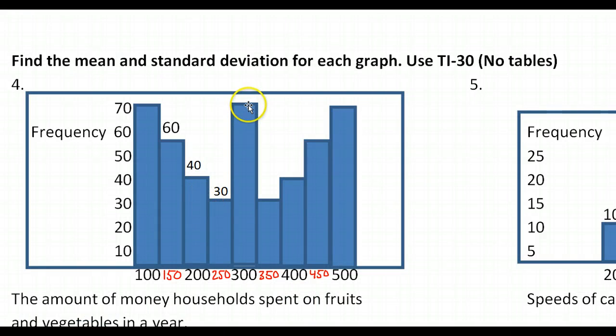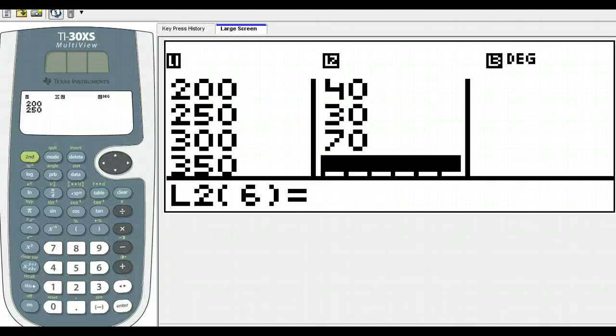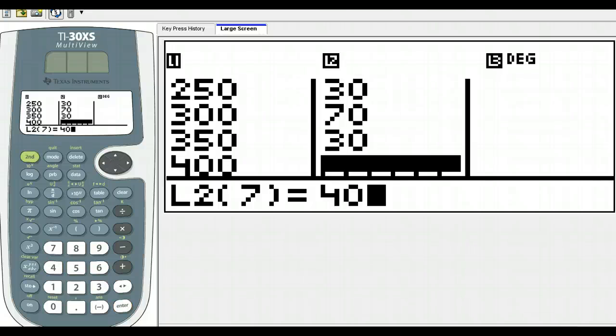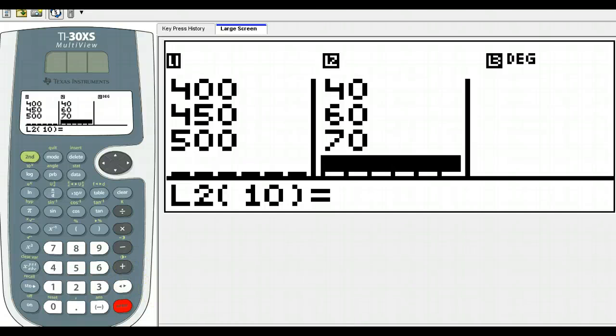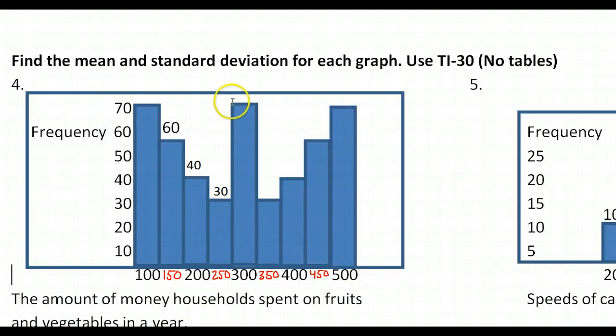Okay, we were at the 30, then it jumps back up to 70. So it goes 70, and then it goes back to 30, 40, 60, 70. Okay, 70, and then, so you can see the symmetry.